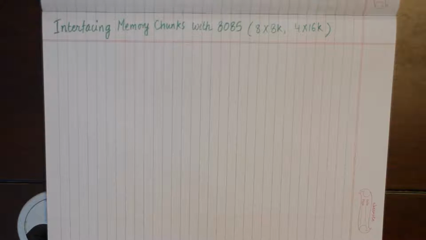But in case we do not have a 64K memory with us, but instead we have 8 ICs of 8K memories that sum up to 64K, then how can we interface that, how are memory addresses generated, and how do we actually assign memory addresses to different ICs of memories? So this is going to be discussed in this tutorial.